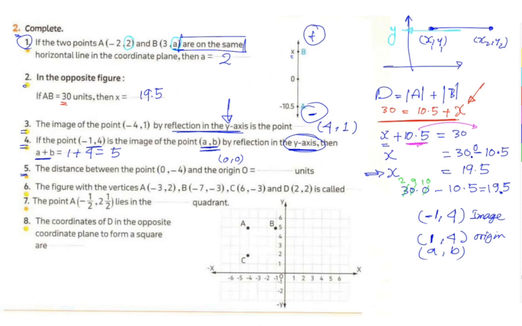We have here 0 and we have here 0. So, of course, the distance will be between the y values. When you need to find the distance, 0 and negative 4. 0 is just 0, and the absolute value of negative 4, just 4 units.